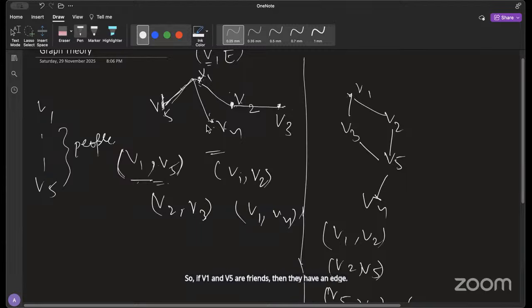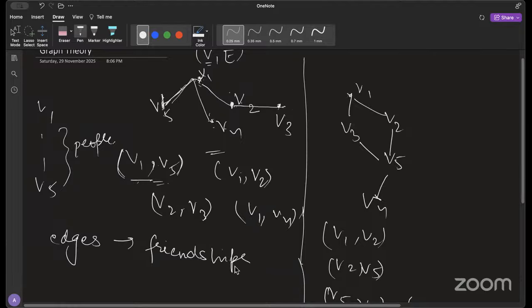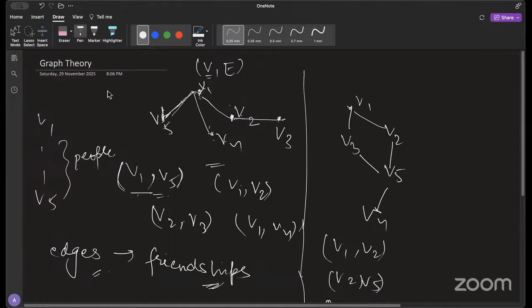V5 and V4, they do not have an edge. That means they're not friends. So that's one way. Your edges represent the friendship here. Edges are for friendships. And your vertices are people here. That was the relation that I was talking about. So edges here, the relation they represent is the friendship relation. It could be any other relation. So that's your graph.